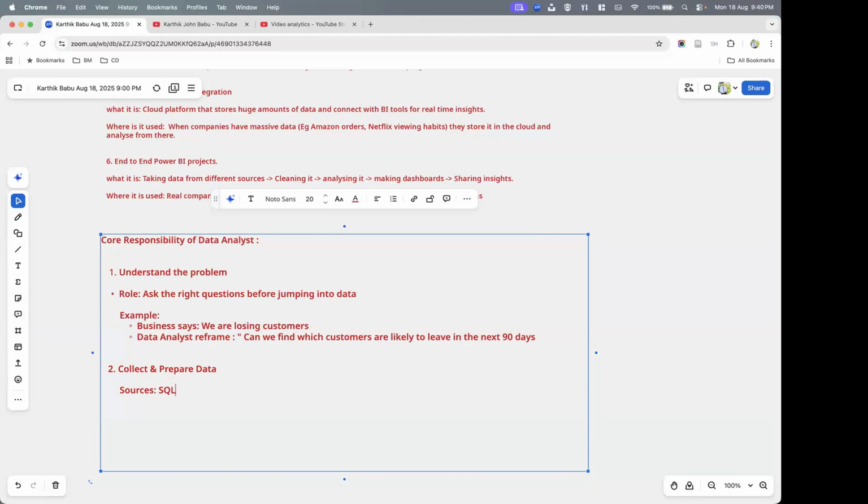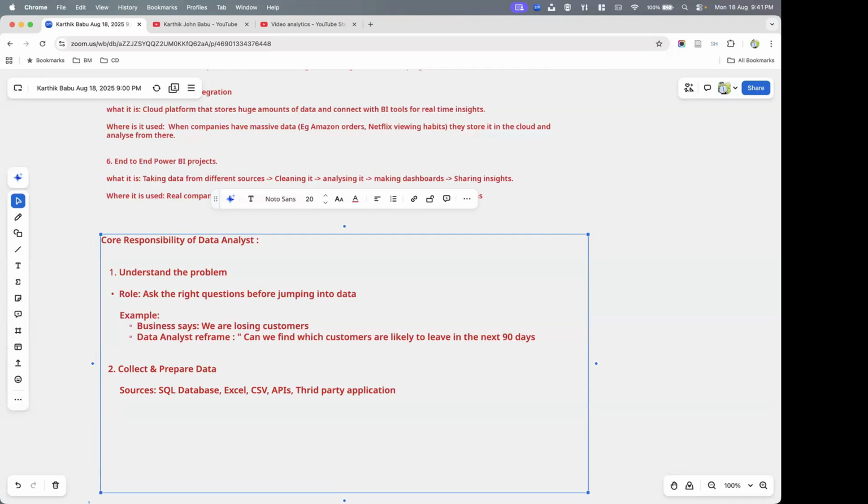Sources could be a SQL database, an Excel sheet, a CSV file, any APIs, or a third party application. Data should be collected from all these places and put together in one place.